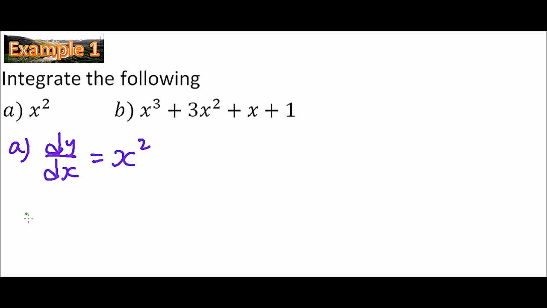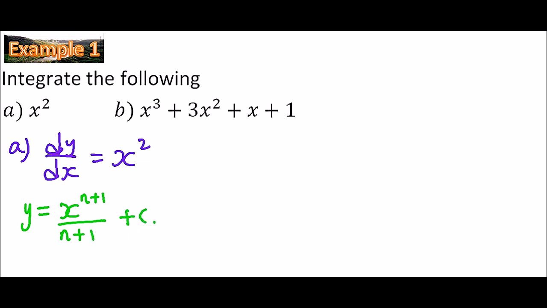So to integrate is to get the function, and we have said that to get the function given the gradient function, you take x to the n plus 1 divided by n plus 1, plus c.